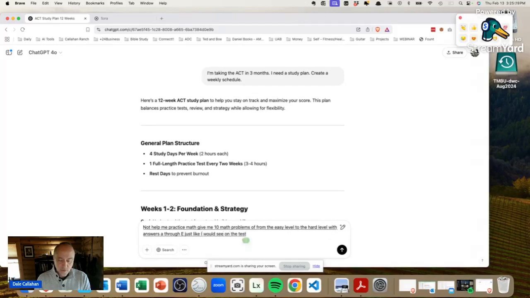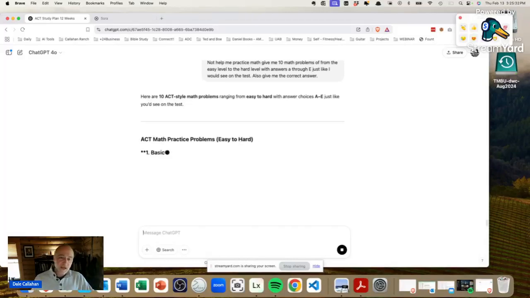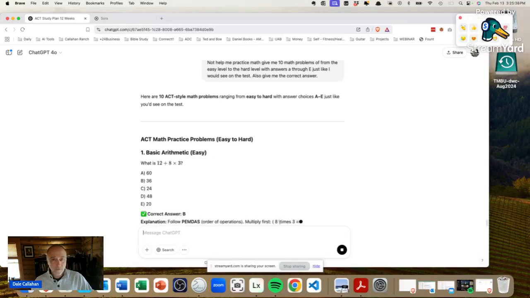Also give me the correct answer. So now I'm asking it to just generate some practice problems for me for the math. And notice I said from the easy to hard, because when I look in all of the sections of the ACT or the SAT, there are the hard questions and there are the easy questions.